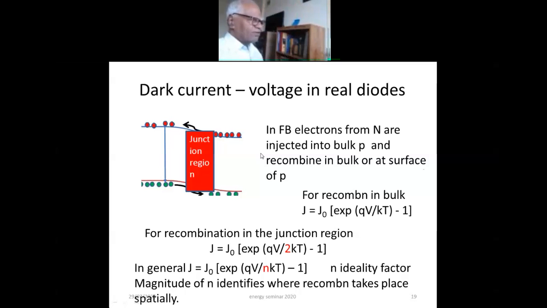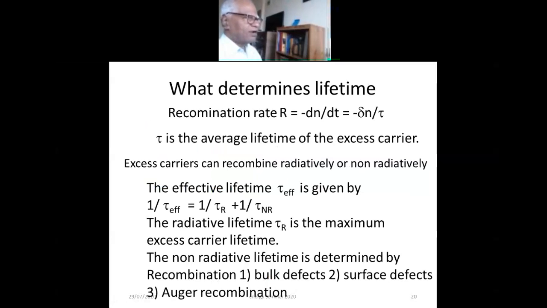Okay, so now we have to ask ourselves, what determines the lifetime, the excess carrier lifetime? So the recombination rate is given by dn by dt, minus dn by dt because you're losing carriers. So it's minus delta n, which is the excess carrier density, divided by the lifetime.